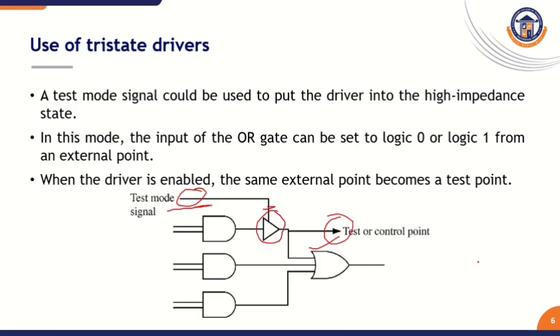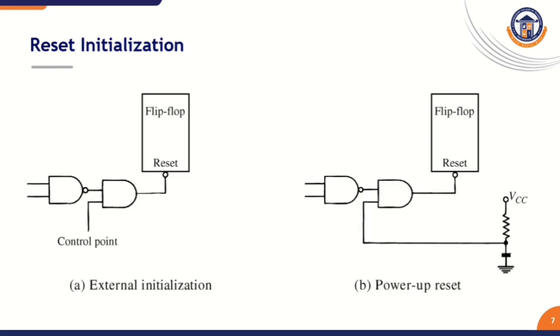Now we move to reset initialization. Reset initialization ensures that all flip-flops and registers start from a known initial state. This is very important for testing a sequential circuit, as it makes the circuit behavior predictable during test application.